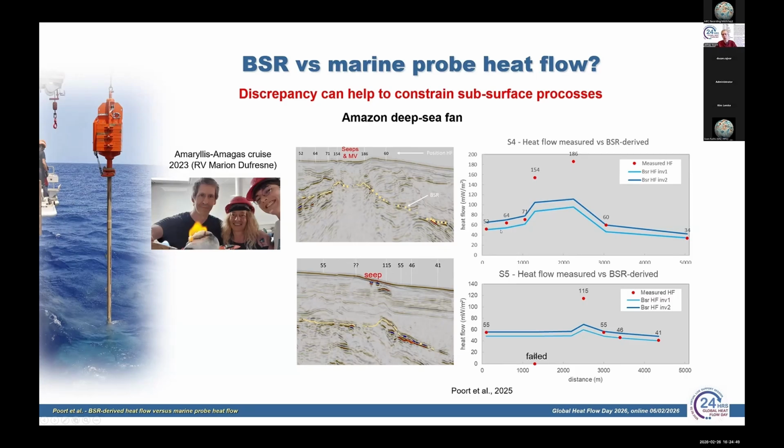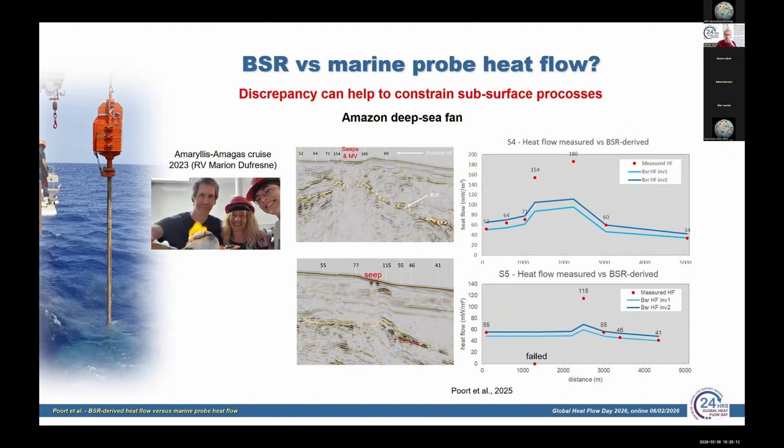If we compare the BSR-derived heat flow with the probe heat flow data, here in red dots, you can see that it fits quite well if we are out of the seep and the mud volcano area. But once we are in the seep, here and here in this broader area, we get values that are much higher.